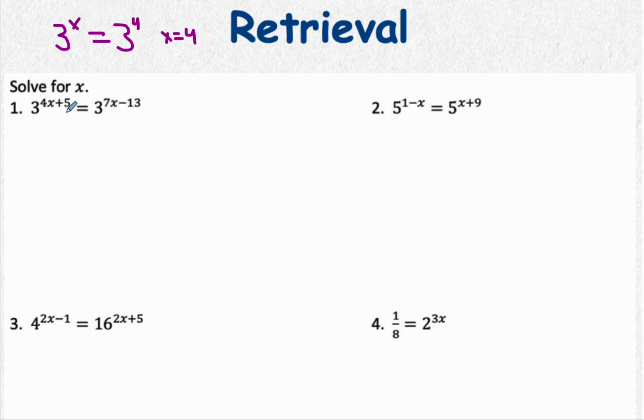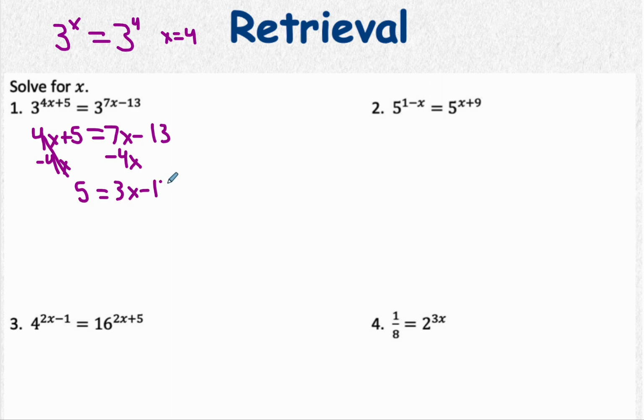Okay, we're going to apply that same idea down here for number 1. All right, so my bases are both 3. When that's the case, I can just set the exponents equal to each other because my bases are the same. So we would have 4x plus 5 equals, the other exponent is 7x minus 13. And at this point, it's now a regular plain old equation like we're used to. Okay, so I'm going to subtract 4x to move the x's to one side. So we have 5 equals, 7x minus 4x is 3x.